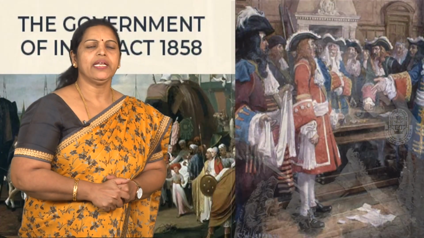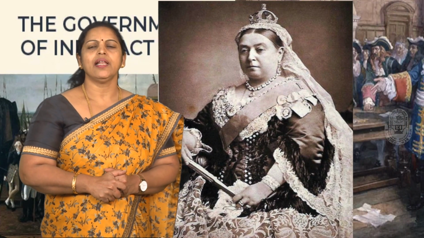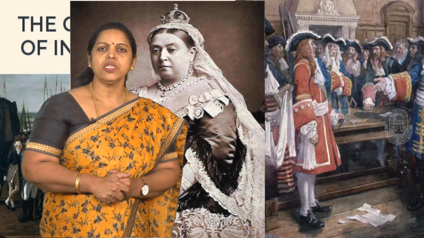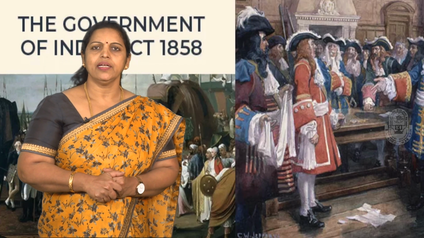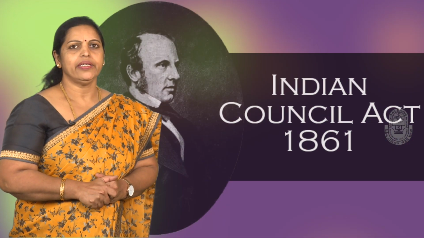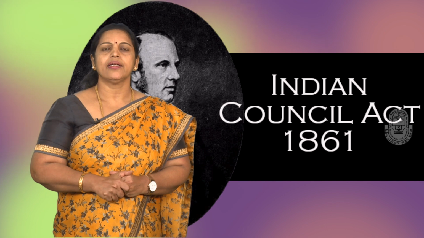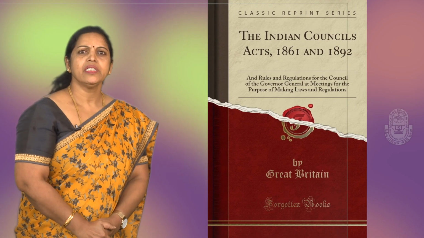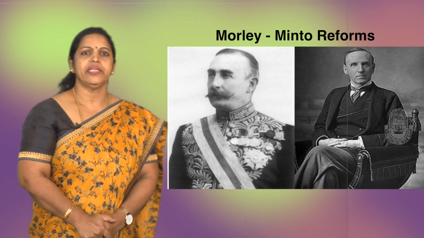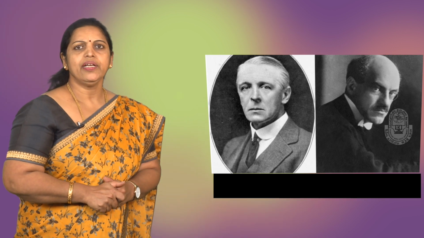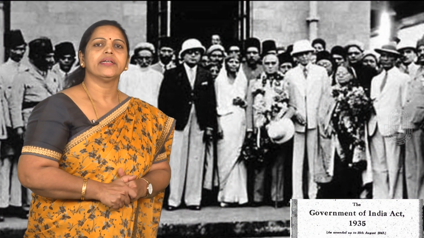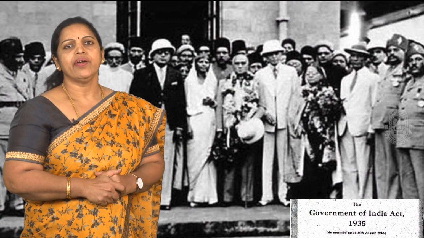During the Crown rule in India, we come across major landmark legislation. The most important legislations are the Government of India Act 1858, Indian Councils Act 1861, Indian Councils Act 1892, Indian Councils Act 1909, which is also known as the Parliamentary Reforms, the Government of India Act 1919, the Government of India Act 1935, and finally the Independence Act 1947.